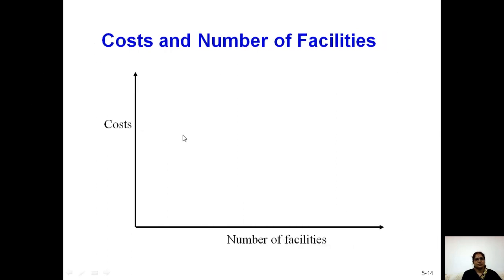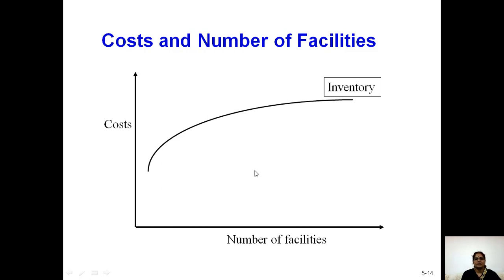This graph shows the relation between the costs and number of facilities. We can make out that there are various types of costs that are incurred in a supply chain. In particular, if we consider inventory cost, as the number of facilities increases, inventory costs also increase.